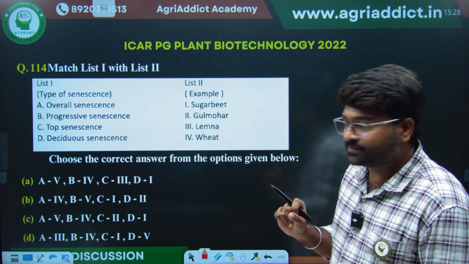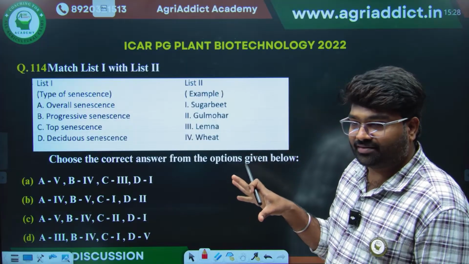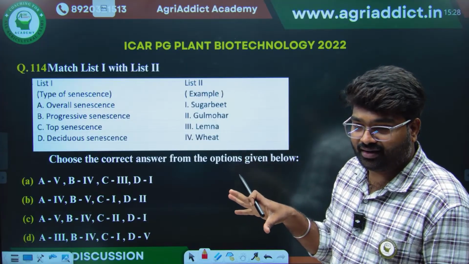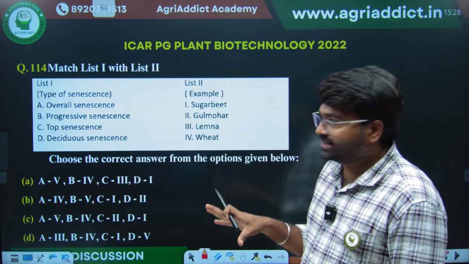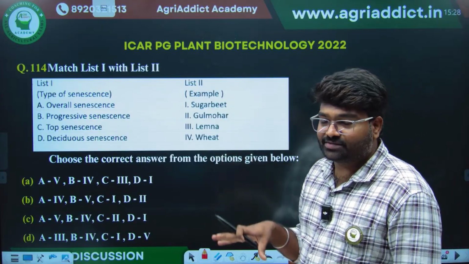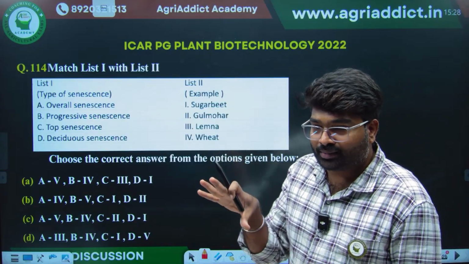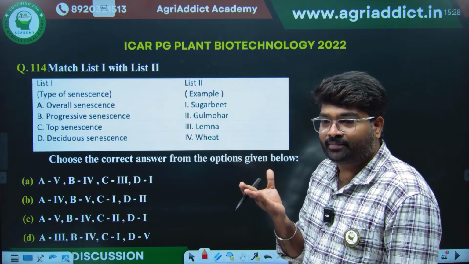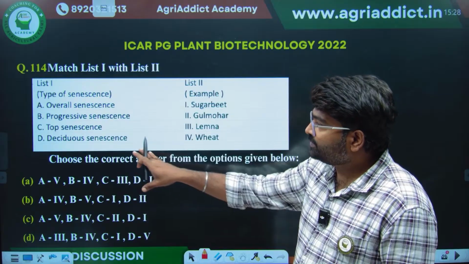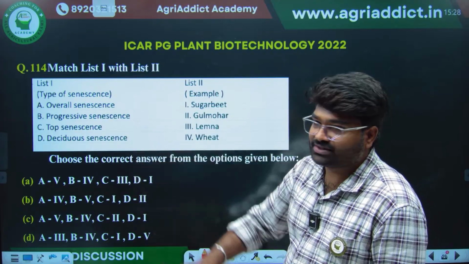Overall senescence means the entire plant will die, correct? Root, shoot, everything will completely senesce. Top senescence means only the above ground parts will senesce, but the below ground part will remain active.